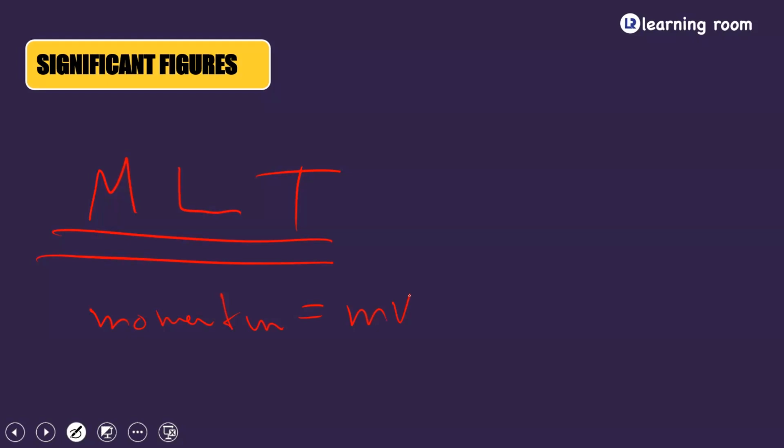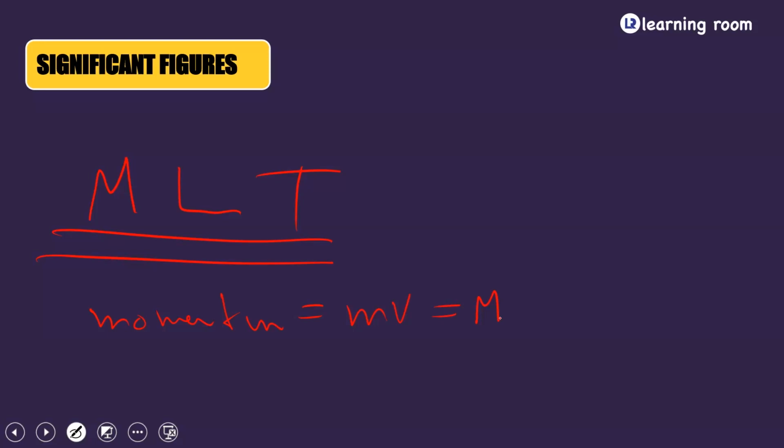Okay. Fine. So, mass into velocity. Mass, I'll write it as capital M. What is velocity? Formula. So V is equal to what by what? Distance by time, correct? V is equal to distance by time.